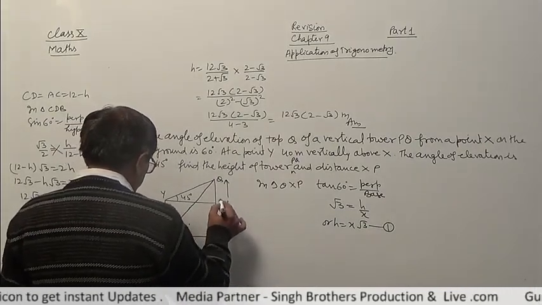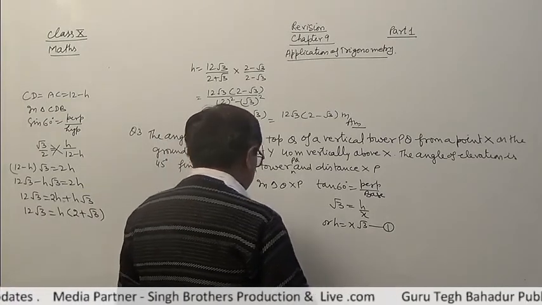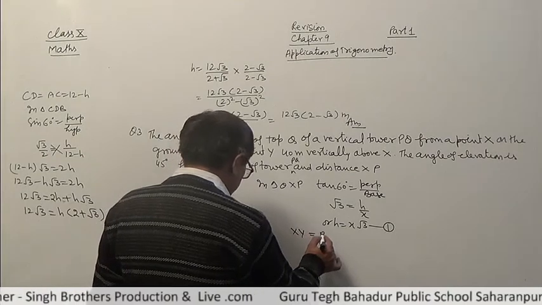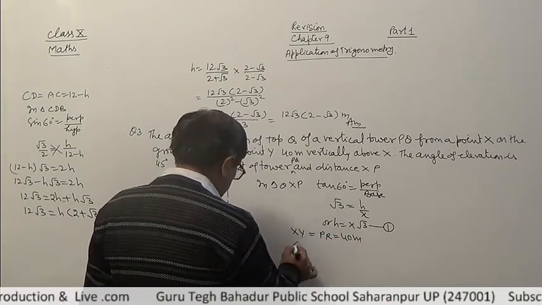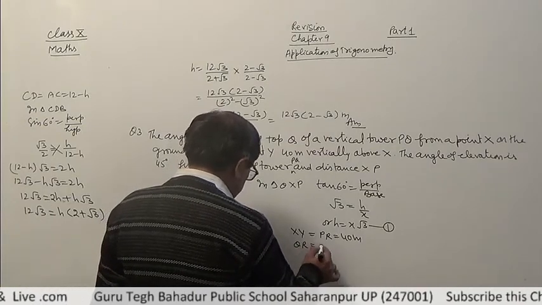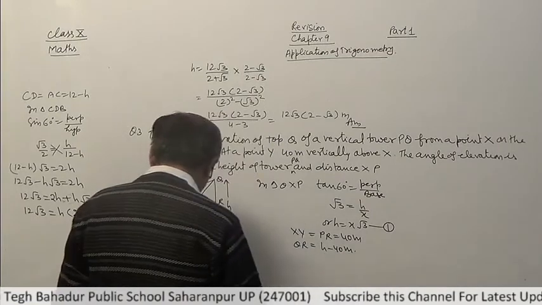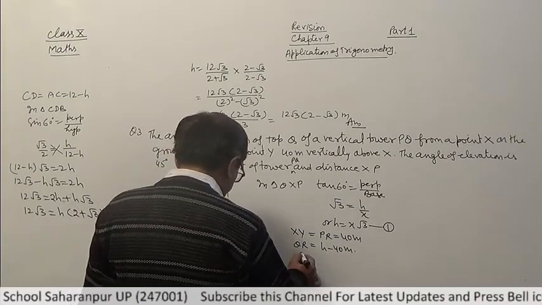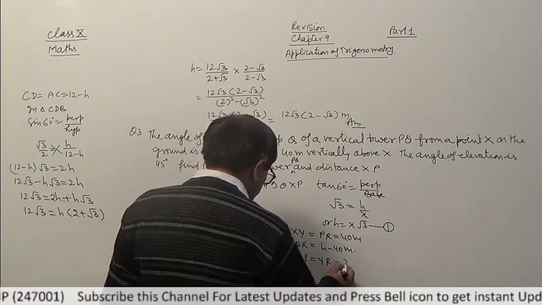Taking this point R, YX is equal to PR is equal to 40 meter, QR is equal to h minus 40 meter, and XP is equal to YR is equal to x.